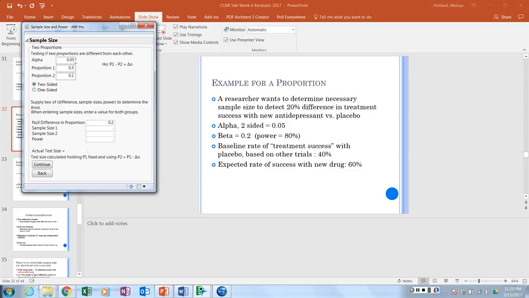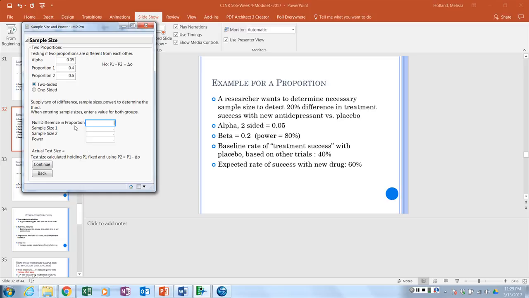All right, so in this case, again, our alpha is set for us, 0.05. We know that our proportion 1 is 0.4, so this is our placebo rate. We're expecting a 20% improvement for our treatment group, so we're setting that at 0.6. We want two-sided. The null difference in this case, so don't confuse this, because remember in the last example we only had one input up here, and then down here we had to put that difference that we expect.